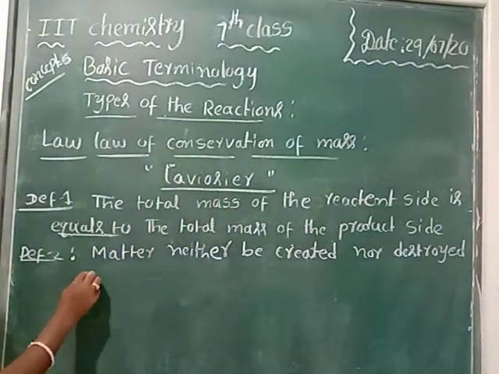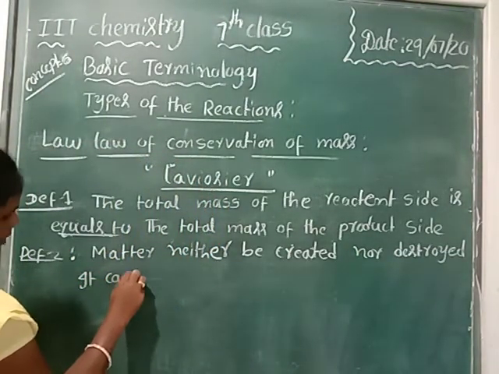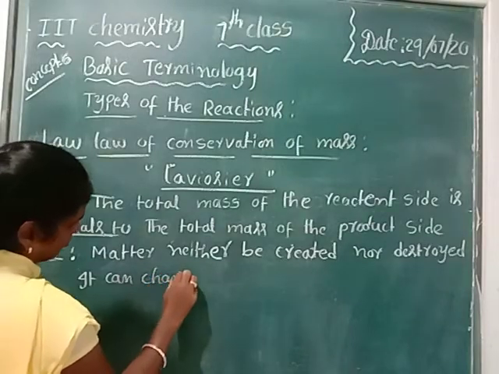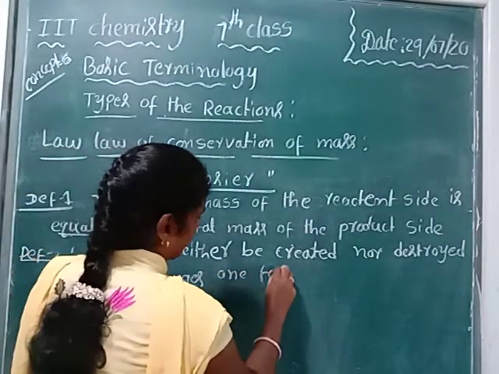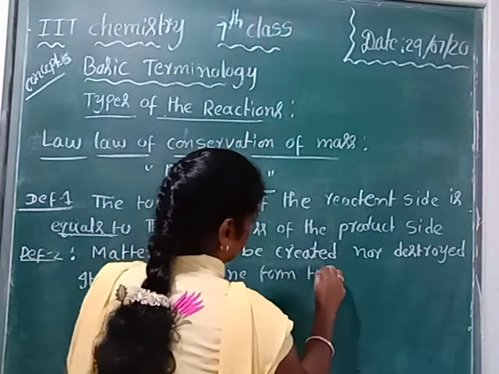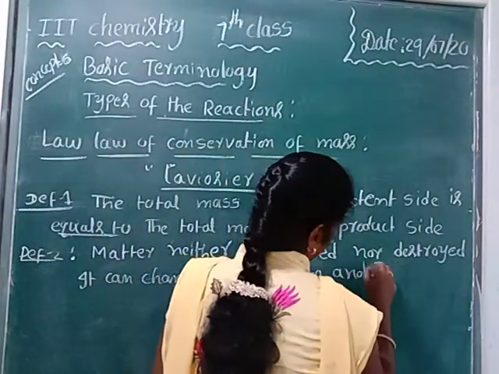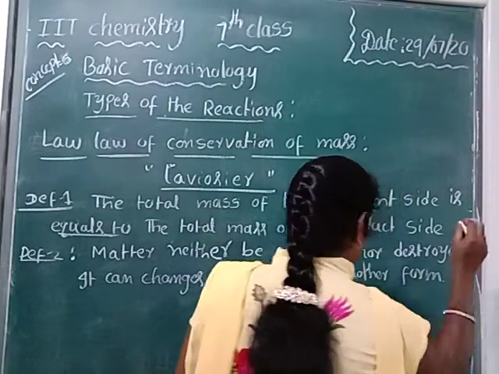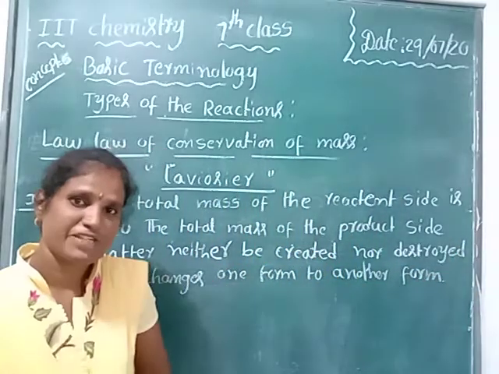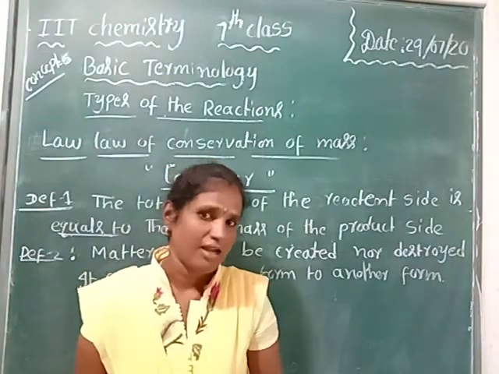It can change from one form to another form. One form to another form is called the law of conservation of mass. The law of conservation of mass was introduced by Lavoisier.